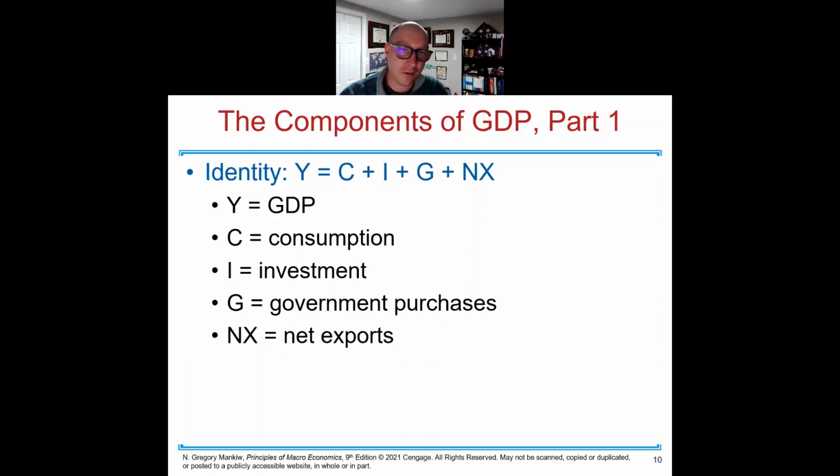And then the last part of the equation is net exports. Remember, exporting is when we, the United States, are selling our goods and services to other countries. We're exporting them. We're sending them away. We made the product here in the United States. We're exporting it to another country.